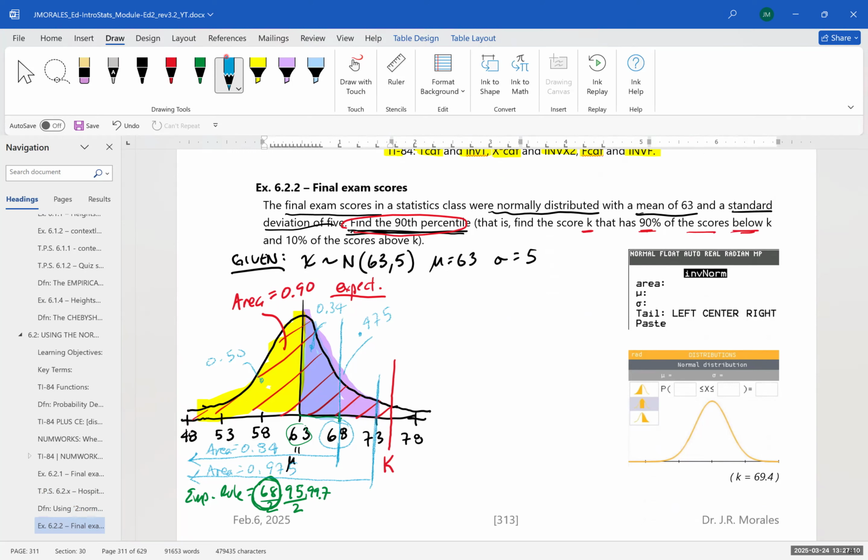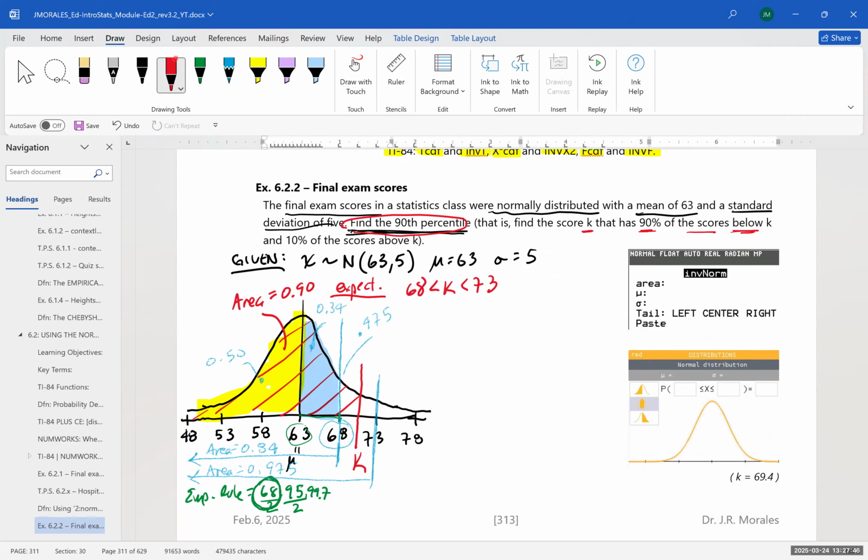So my value of K is going to be somewhere between 68 and 73. That's what I expect.